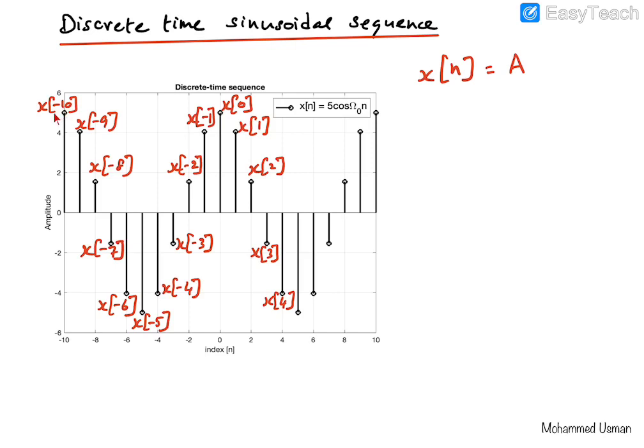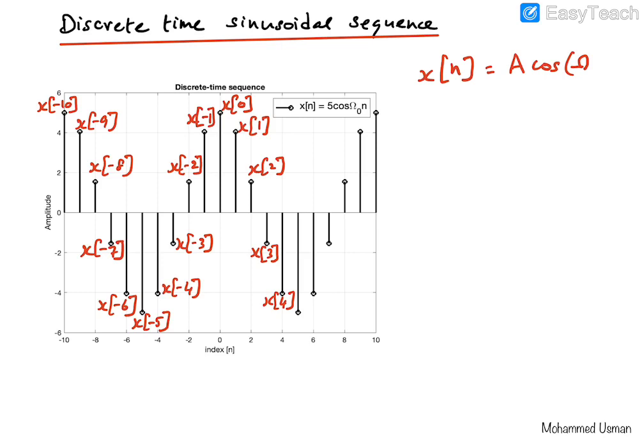It happens to be exactly 5 again. So x of a, and again it's cosine, and the frequency value here is represented with a capital omega, just to distinguish between the continuous frequency and the discrete frequency.